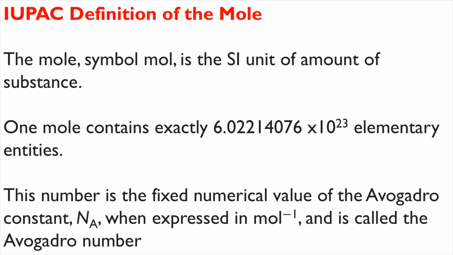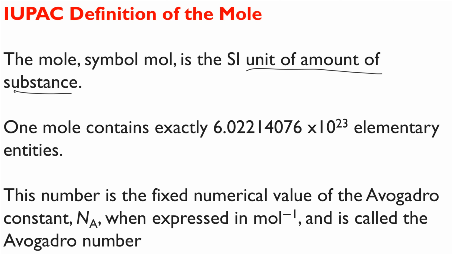IUPAC, the International Union of Pure and Applied Chemistry, define the mole as a unit of amount of substance, i.e. how much stuff there is. 1 mole contains exactly 6.02214076 times 10 to the 23 elementary entities or particles.